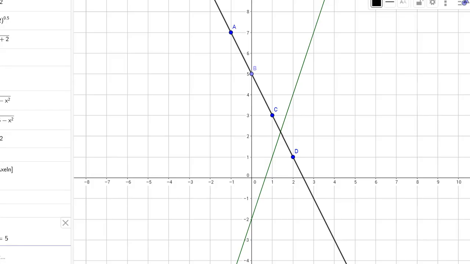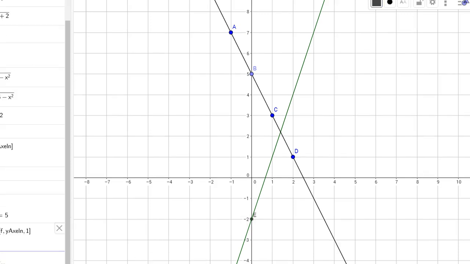I'm going to explain the intercept first. My intercept on my first example is negative 2, as you can see here.